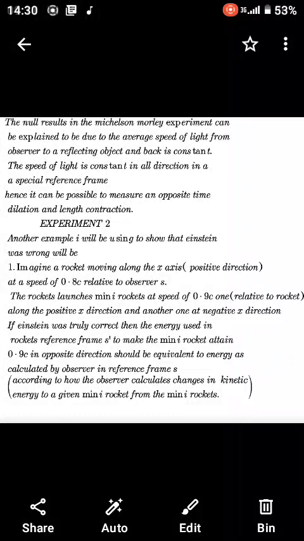So at first I'll calculate the energy that will be used to launch the mini rocket to make it attain a speed of 0.9c from the main rocket's inertial reference frame.